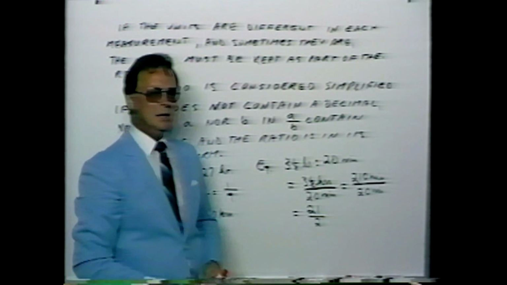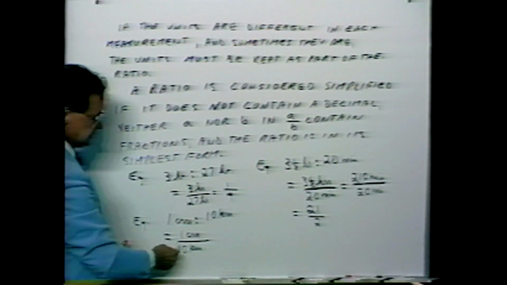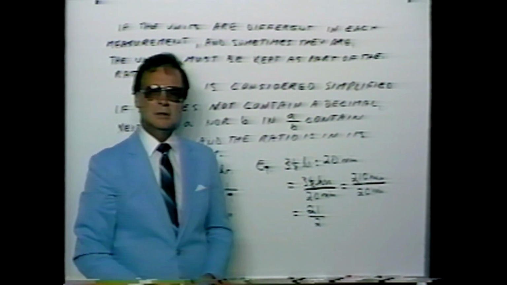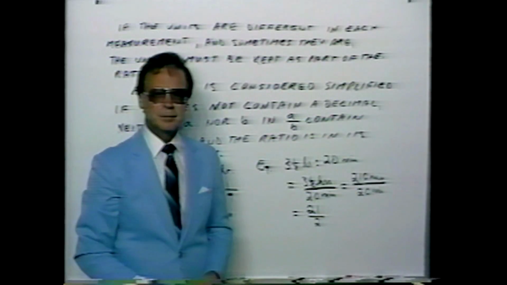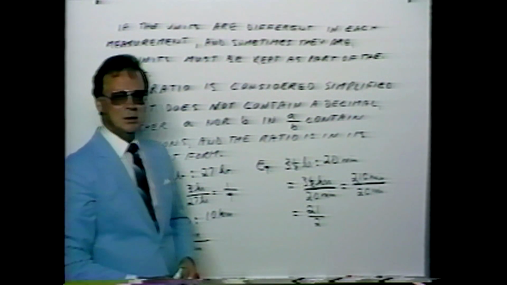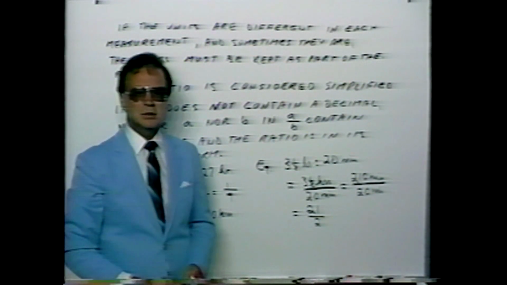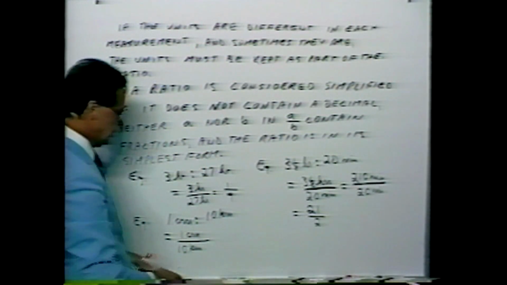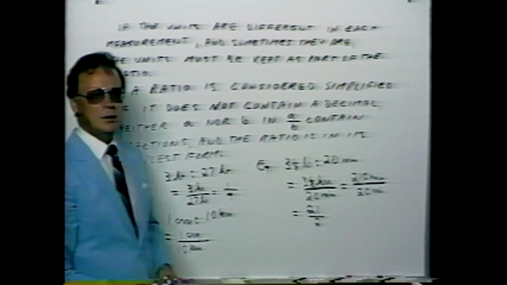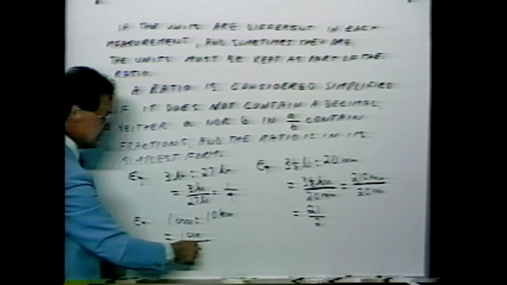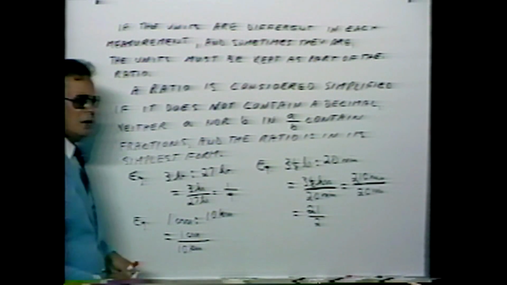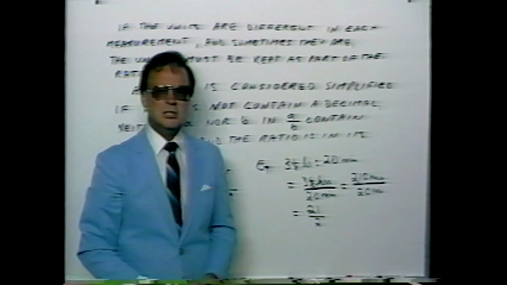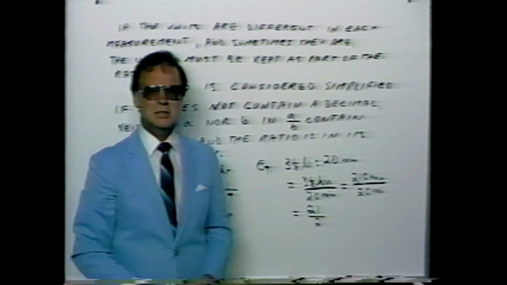But it would not be a good idea to make that conversion, because 10 kilometers would be much too large by comparison. It's best to simply leave the ratio with the units. Consequently, 1 centimeter over 10 kilometers is the proper way to express that. The measurements are just vastly different.